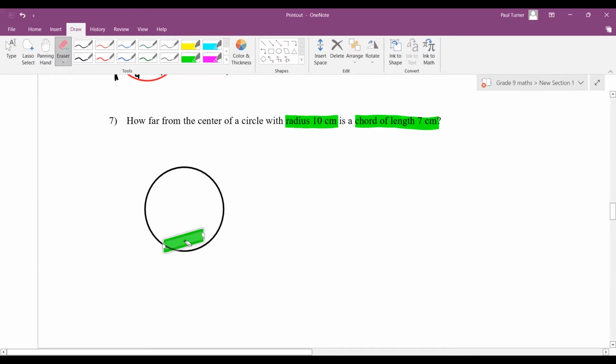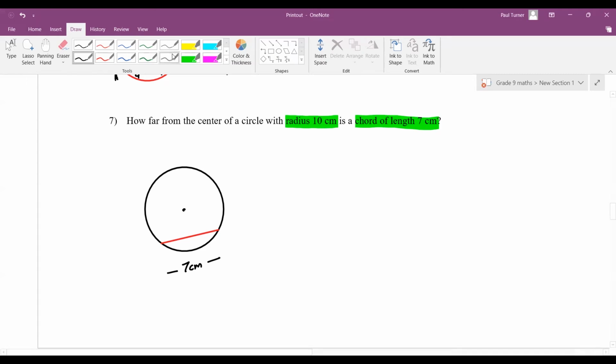Not using green though. We'll use a pen. So we'll put a chord in somewhere. So this is 7 centimeters long. And we'll mark a center somewhere as close as we can. So that's about the center there.